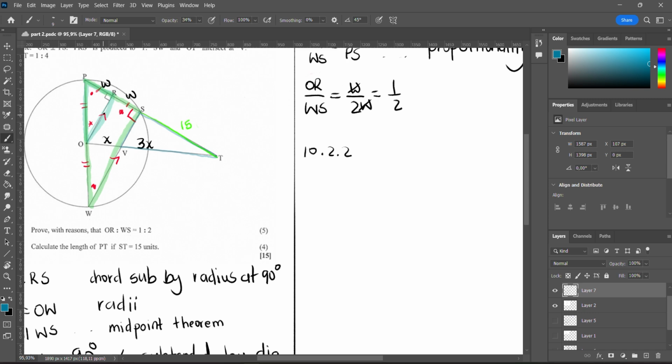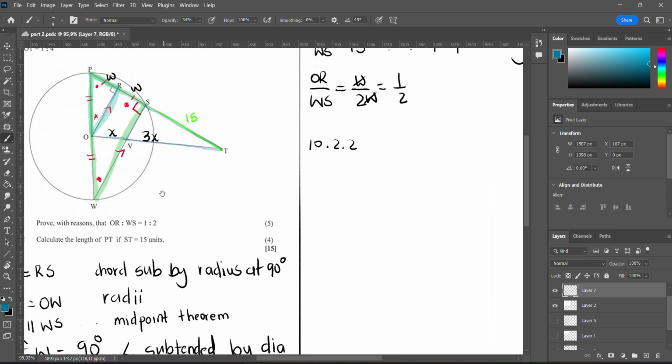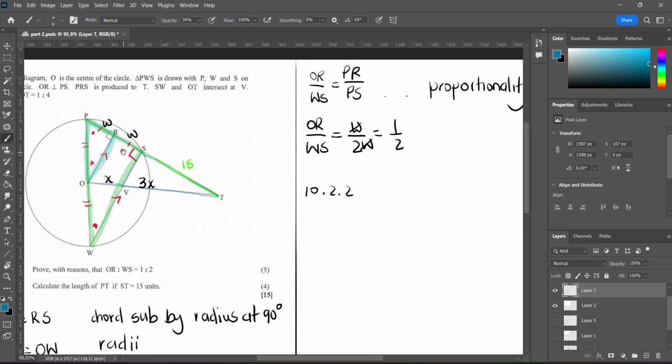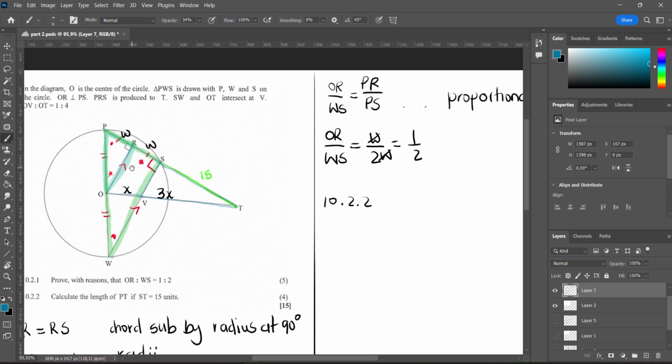This triangle over here also. I don't need PR because I know PR equals RS, right? So yeah, PR equals RS.